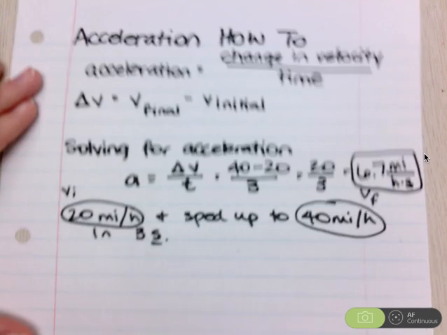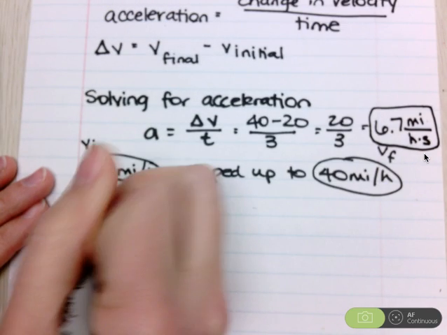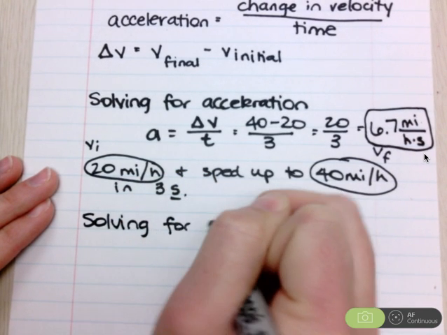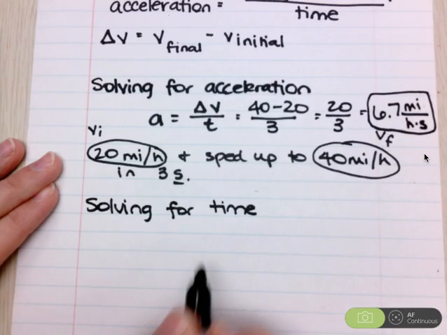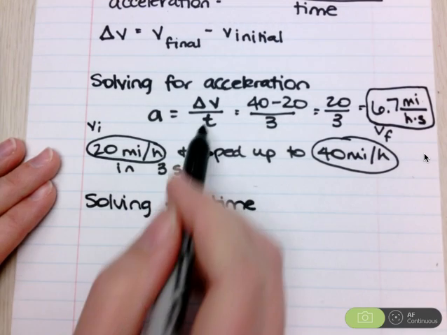Let's try another one. Let's say we're going to be solving for time. Now, we did this when we did our speed calculations. Remember, solving for time, you can't leave time in the denominator.